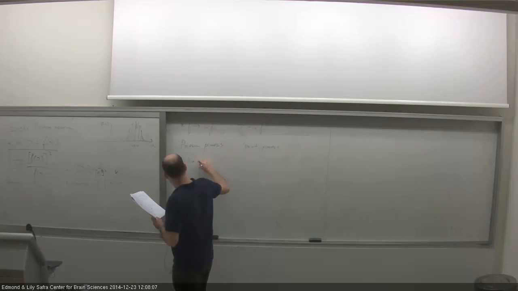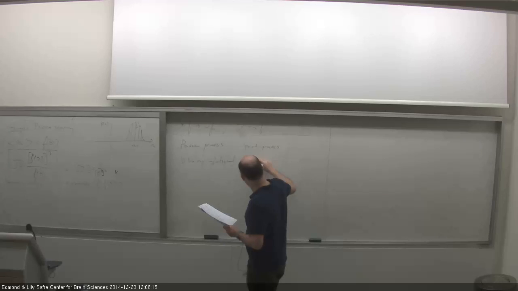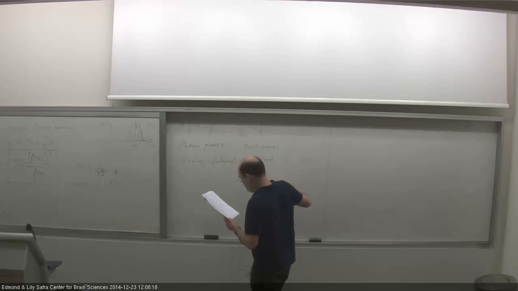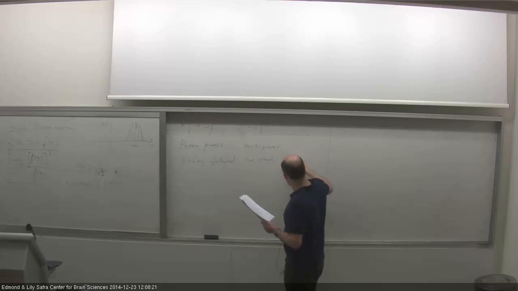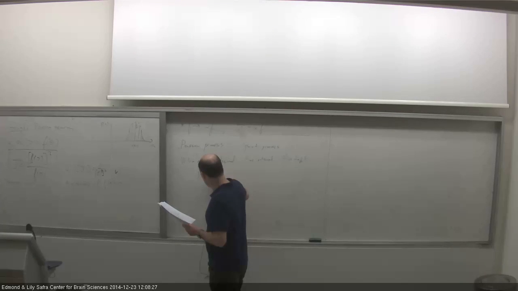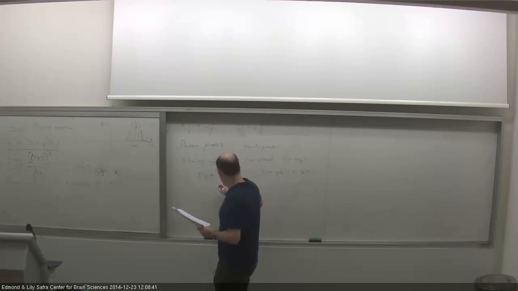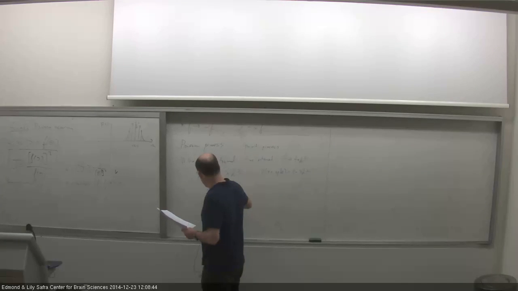Within any infinitesimal time interval between t and t plus dt, the probability for a spike is equal to lambda times dt, and the probability for no spike is 1 minus lambda times dt. And lambda is the rate of the process. If we're talking about neurons, it's the firing rate.